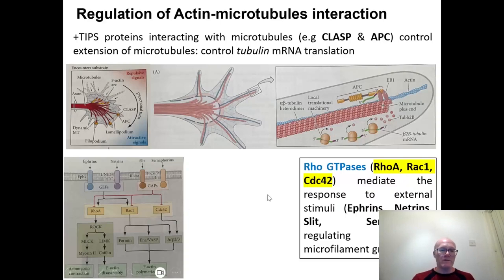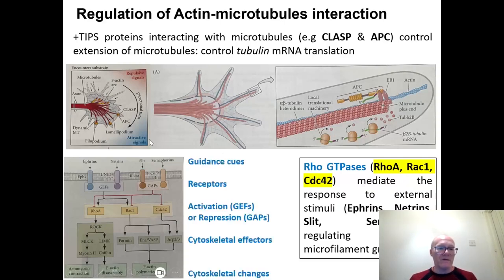And in this cartoon here, we have a representation of what is going on inside the filopodia when they encounter the different stimuli. The different stimuli are represented here. They are external to the filopodia. They are ephrins, netrins, slit, and semaphorin.